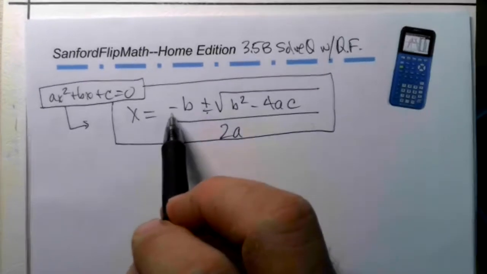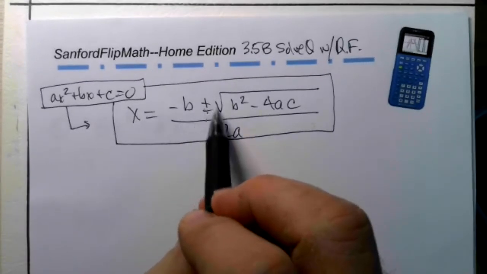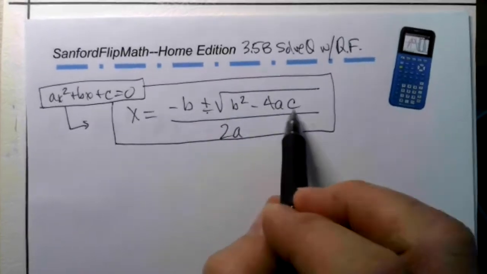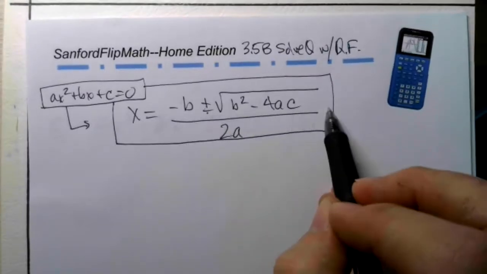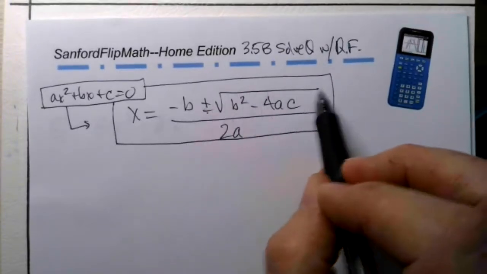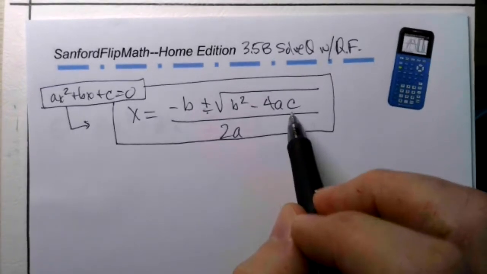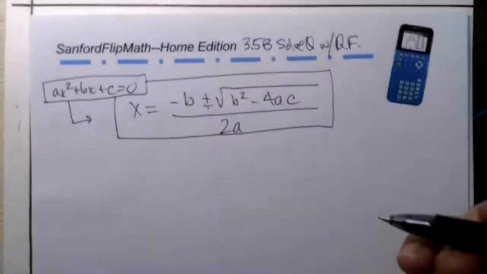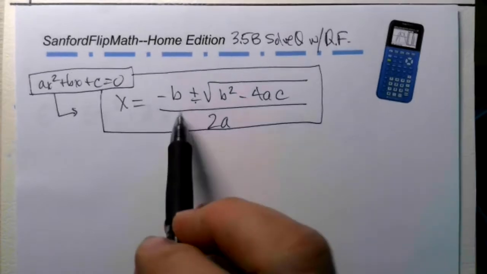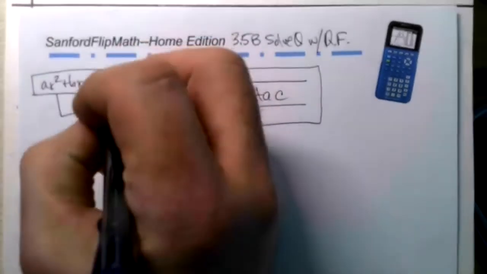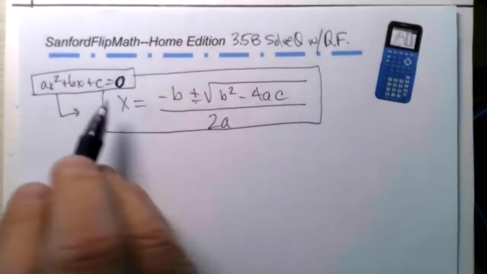So again, opposite of b, plus or minus the square root of b squared minus 4ac all over 2a. Fraction bar goes all the way across. The square root covers all of this b squared minus 4ac, and there is a whole boatload of please excuse my dear Aunt Sally, order of operation stuff that's about to happen. All of this is assuming that we have a quadratic that's equal to 0.